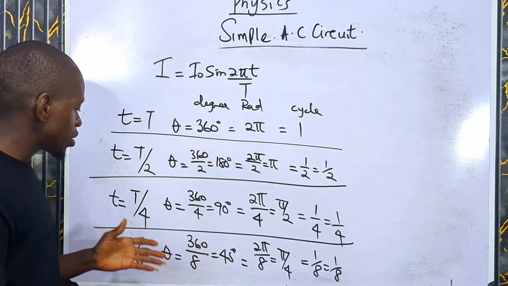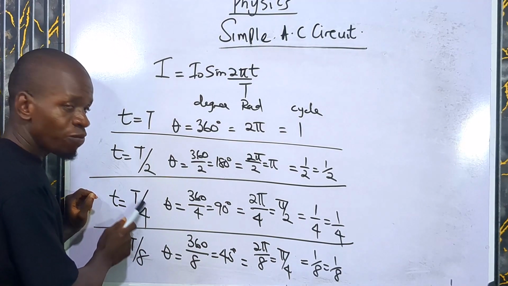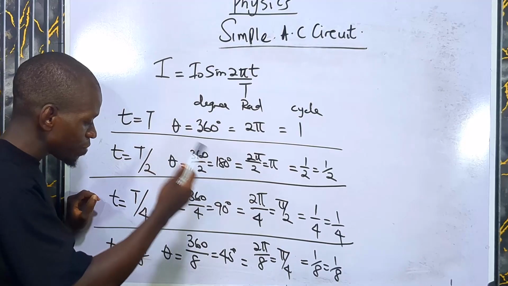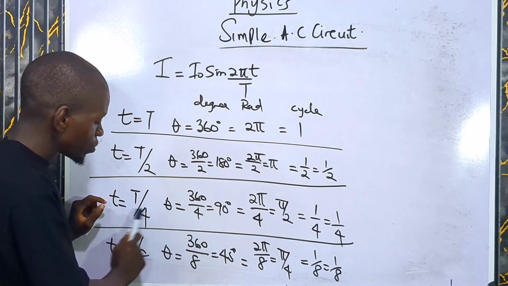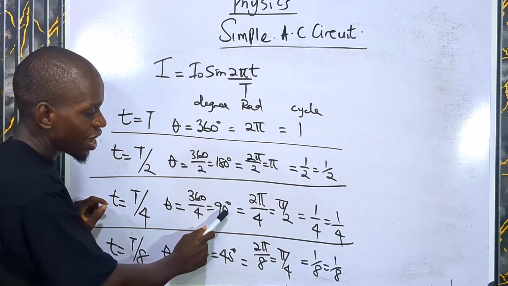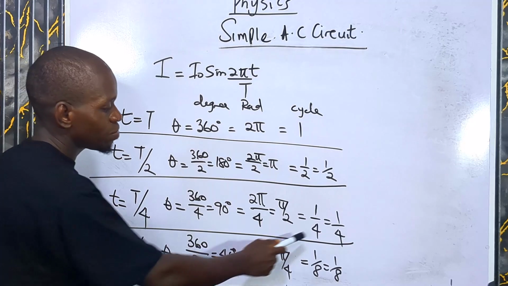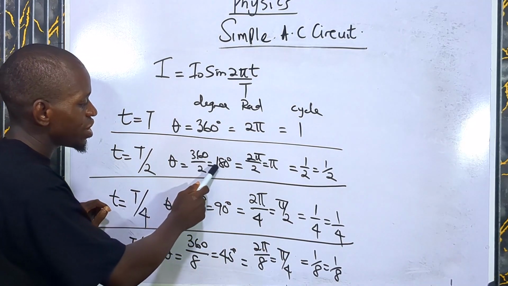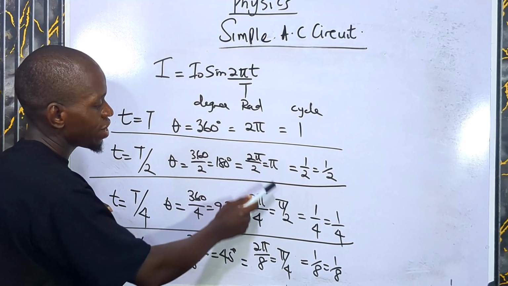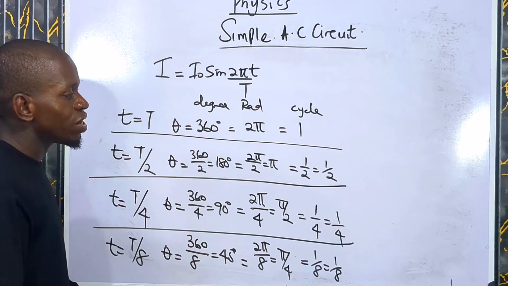They are just telling you that in terms of period, 1/4 of a period is equal to 90 degrees, and that 90 degrees is pi over 2 radians, which is 1/4 of a cycle. Half of a period is equal to 180 degrees, which is equal to pi radians, which is half of a cycle. And the same thing follows with the last one.